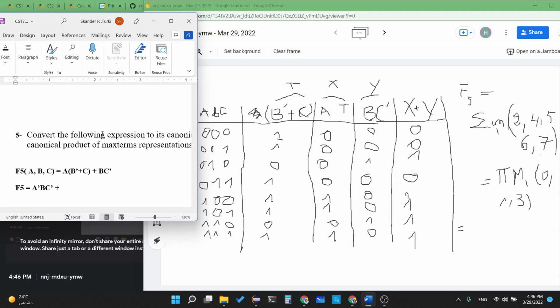Minterm 4 would be A, B bar, C bar. Sorry. Correct. Then minterm 5, A, B bar, C. Minterm 6, A, B, C bar.